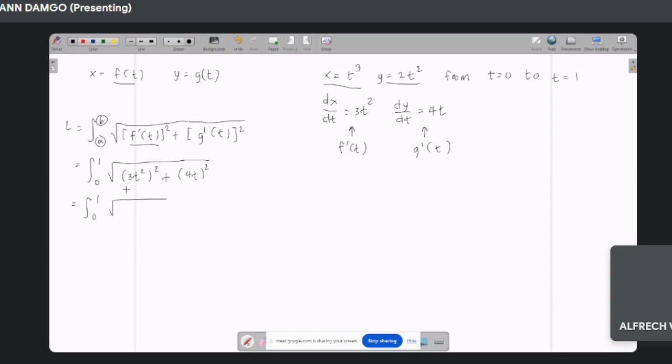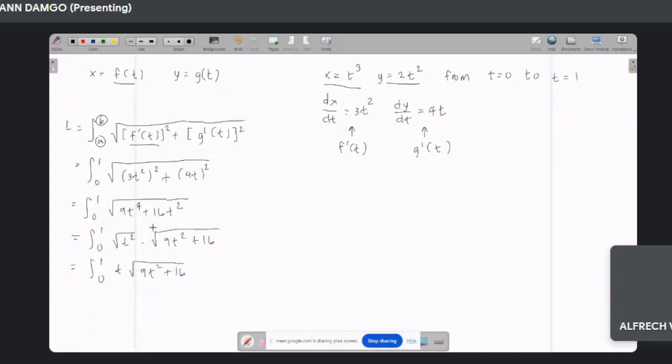So simplify, we have 9t to the 4 plus 16t squared. In which, pwede ta maka-factor out sa t squared. So, pwede ni siya na to ma-write as square root of t squared times square root of 9t squared plus 16. Okay? Is 0 to 1 t square root of 9t squared plus 16.